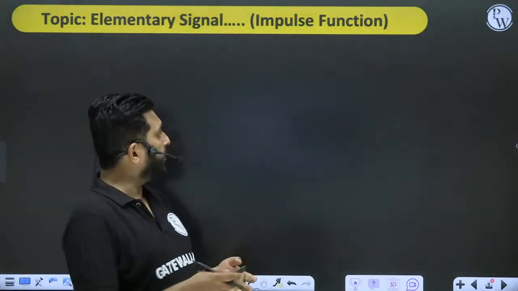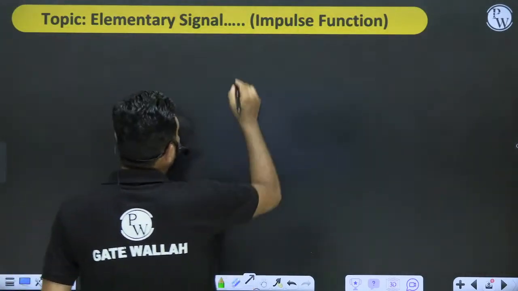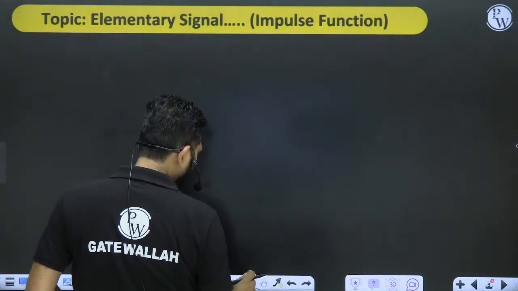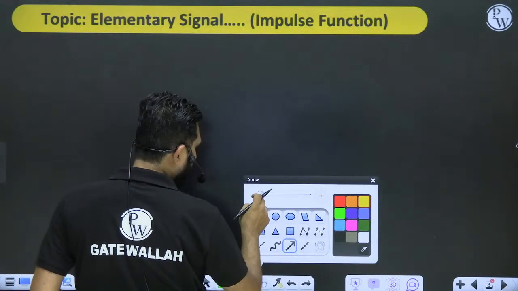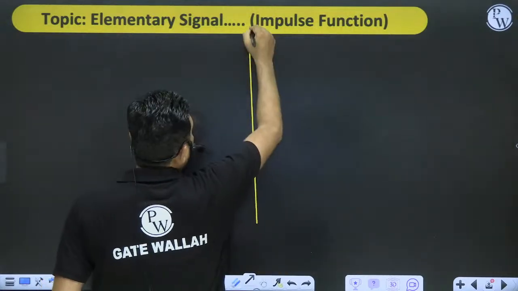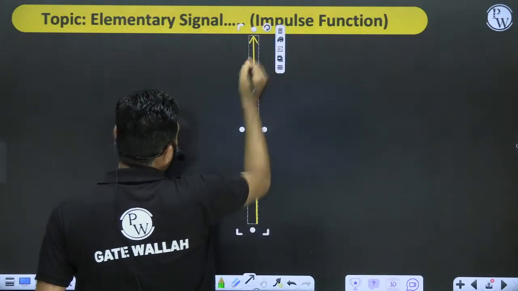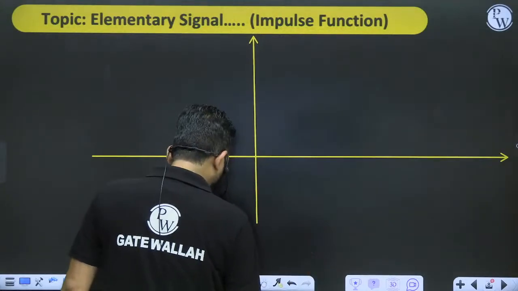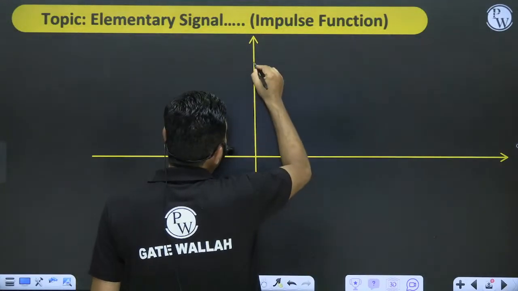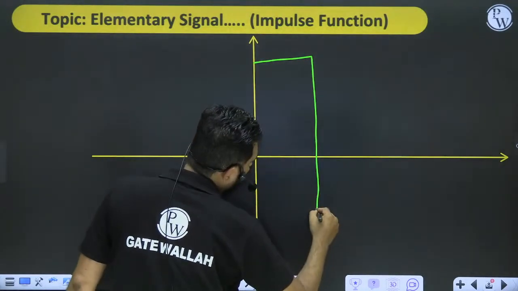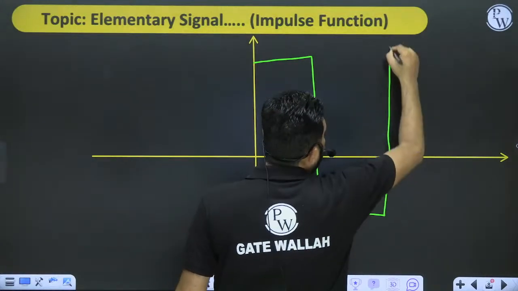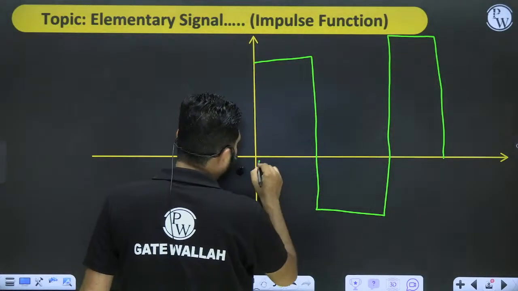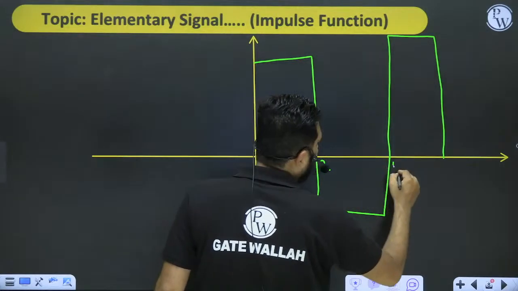Now I am giving you homework: plot d by dt of this function. Let us consider this to be 0, this is 2, that is 4 and that is 6.